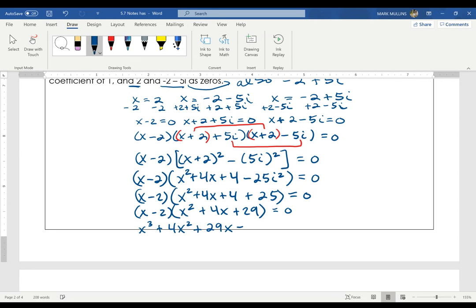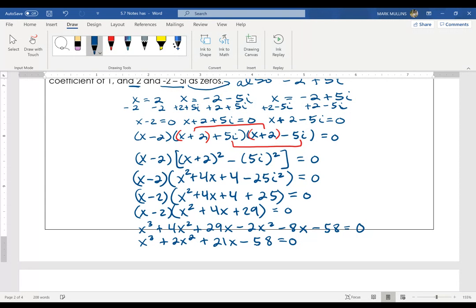So that's a negative 2x squared, a negative 8x, and 29 times 2 would be 58, so negative 58. So x cubed, and then 4x squared minus 2x squared is a plus 2x squared. And then I have a 29x minus 8x, so plus 21x. And then minus 58.